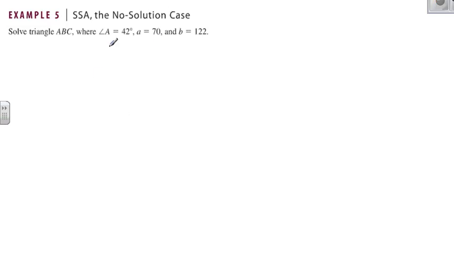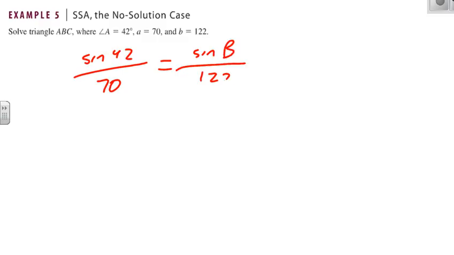And here's our last example. Angle A is 42, A is 70, and B is 122. So if we set that up, sine 42 over 70 equals sine of B over 122. Cross multiply and solve.